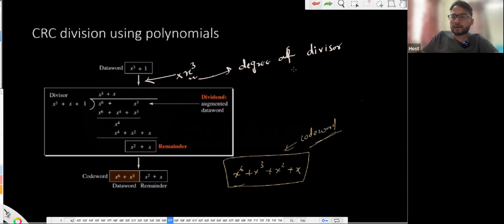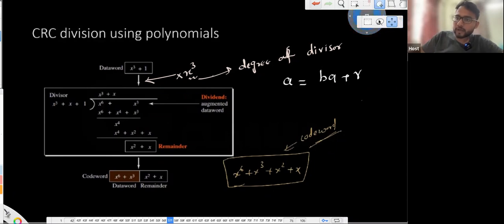Do you remember how it works in mathematics? In mathematics, you say a equals b q plus r, right? You divide b by q, and r is the remainder. Let me take a concrete example.